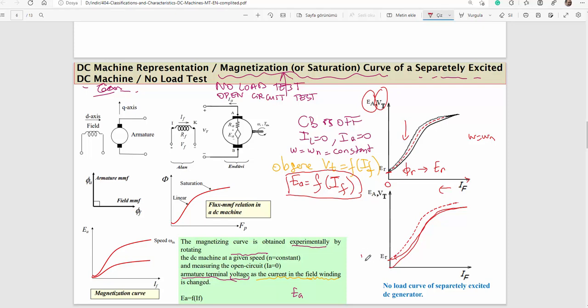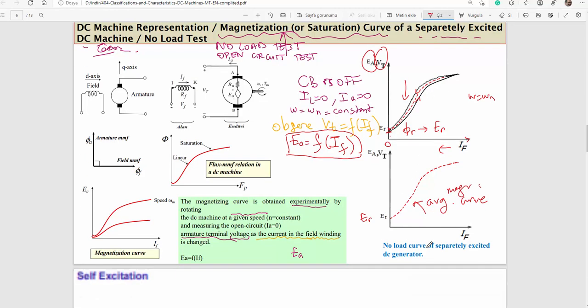That is called the remanence EMF. But after having these tests conducted, you get such a curve when you are increasing and such a curve when you are decreasing. So that is the average value of the curve. We say average magnetization curve.